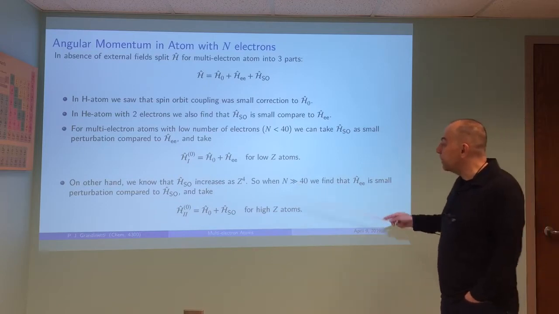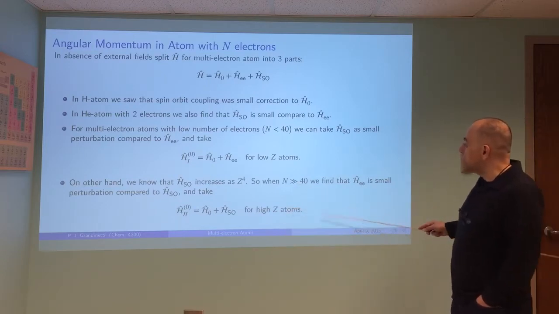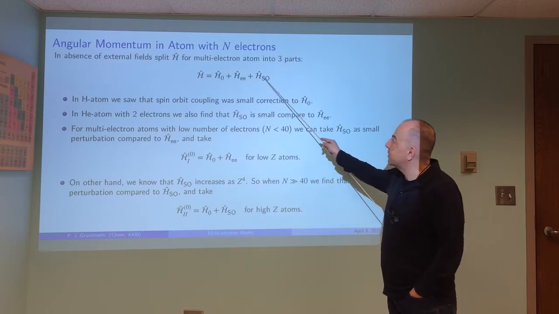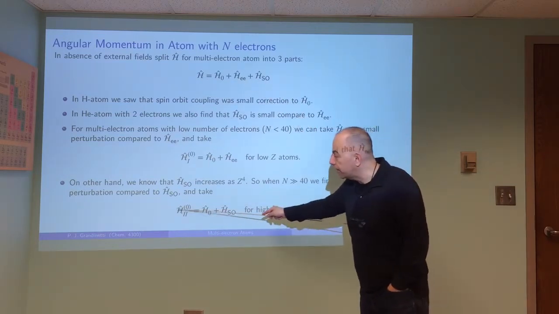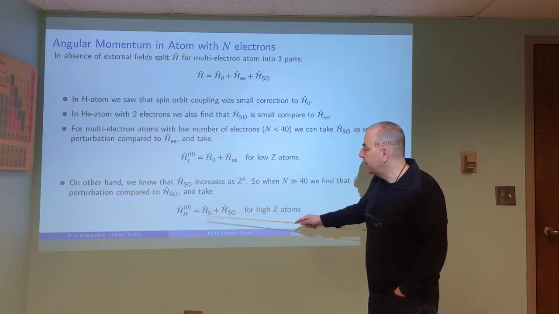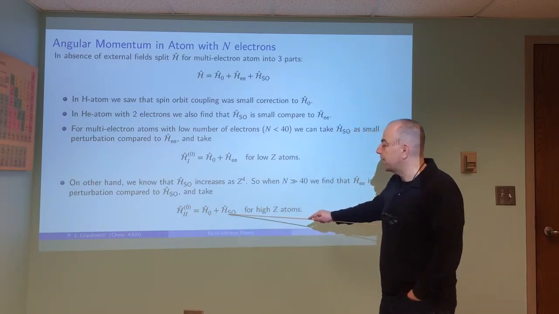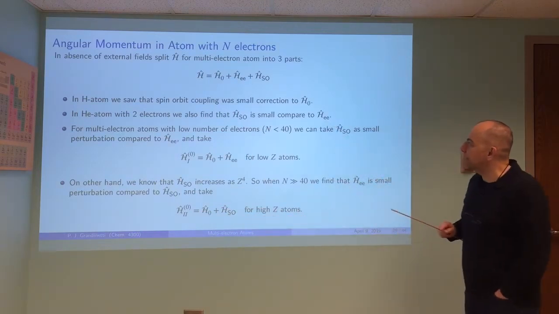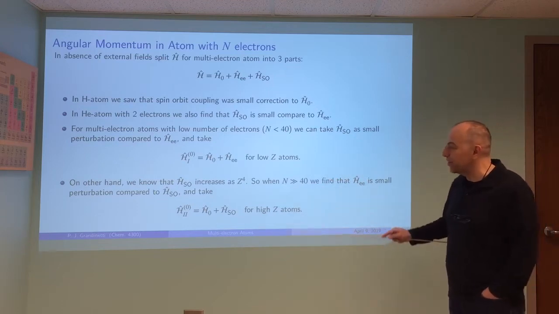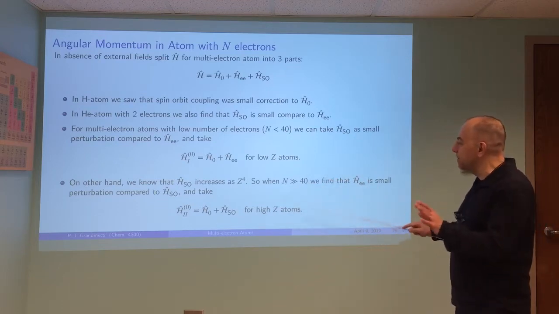So when you get beyond Z equals 40, the spin-orbit coupling starts to get much larger than the repulsion term, and we have to change our zeroth order Hamiltonian to be the non-interacting Hamiltonian plus the spin-orbit coupling term, and then treat the electron-electron repulsion as a perturbation. But we're getting ahead of ourselves.